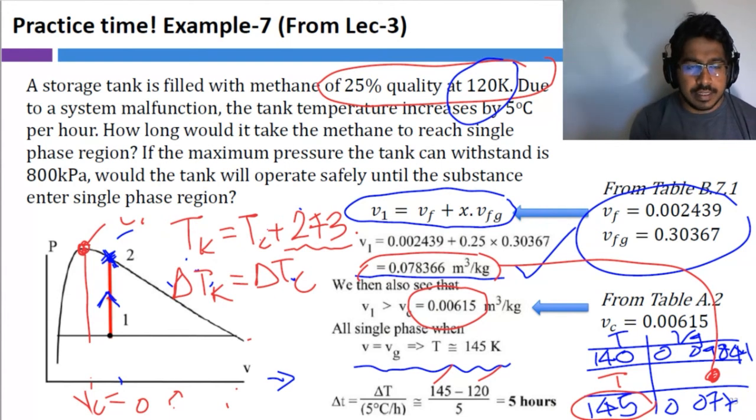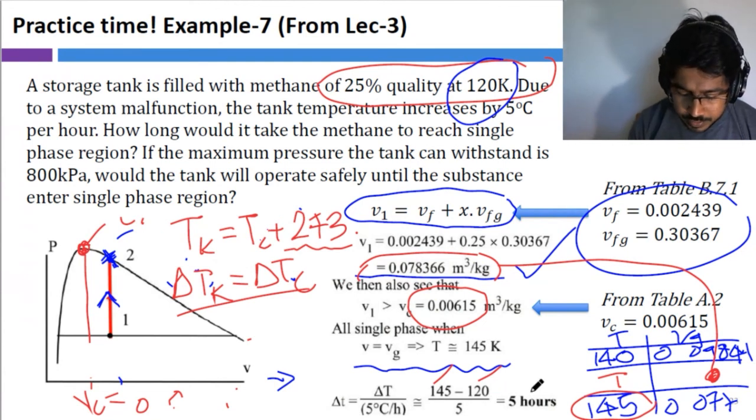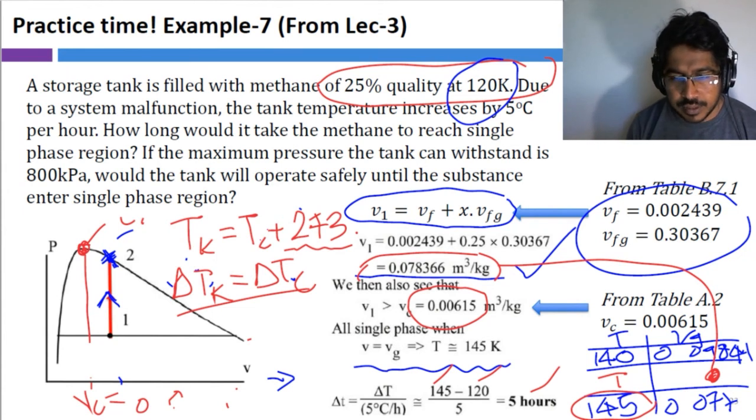So if you have T1 and T2, when you subtract these two, 273 is going to cancel out, right? That's why we can use this relationship, even though these are in Kelvin and Celsius. So your answer will be 5 hours for that question, right?